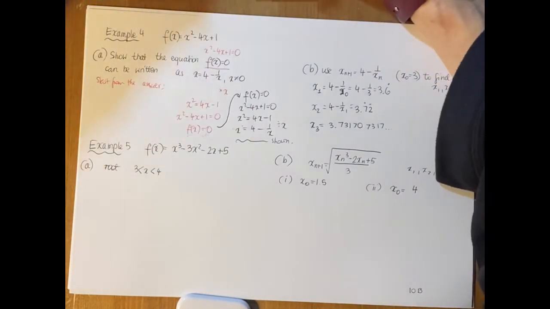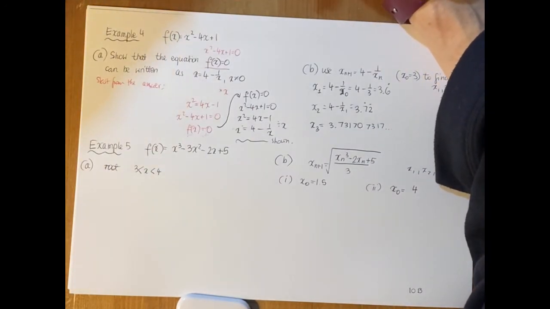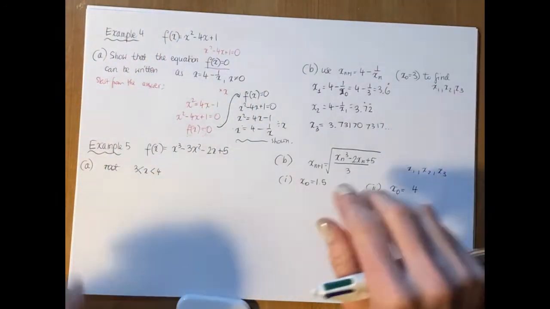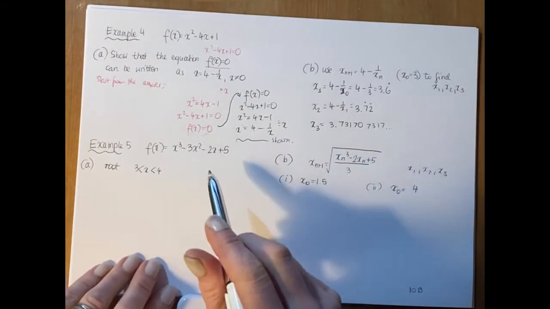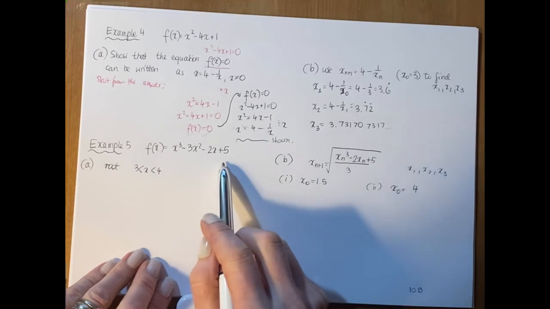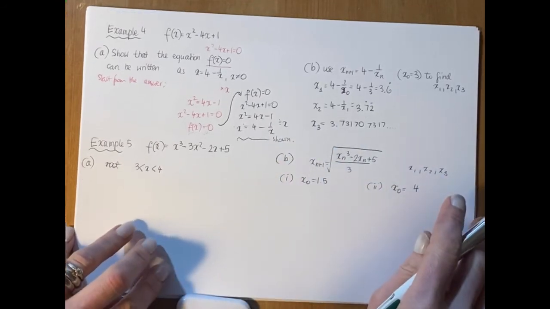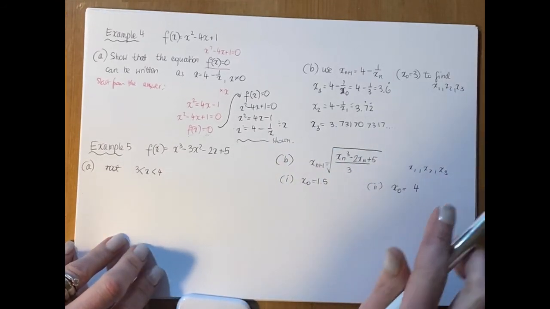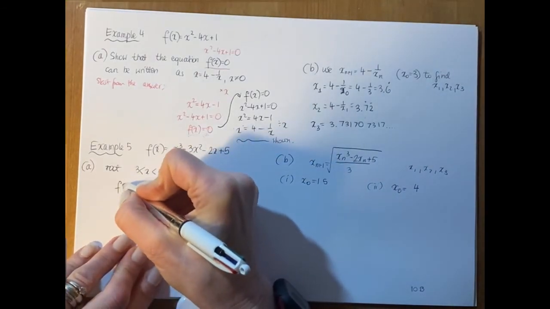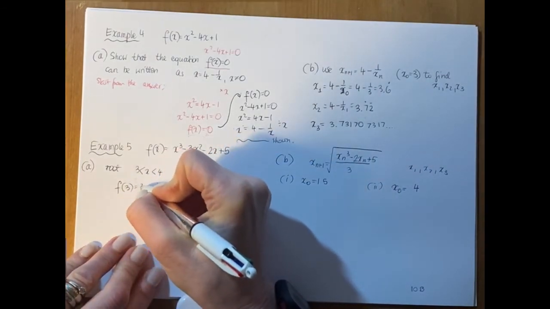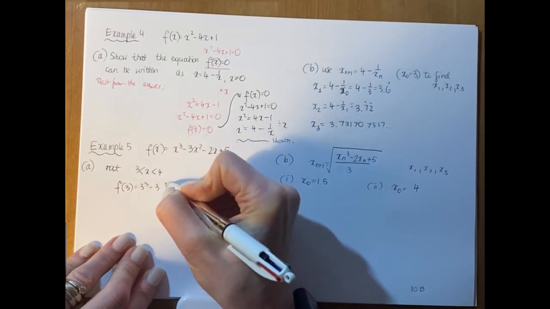Okay, so now let's move on to example 5. In this example we've got x cubed minus 3x squared minus 2x plus 5 being our function f of x. Now we have to show that there is a root between 3 and 4. So you've got to substitute 3 and then substitute 4.